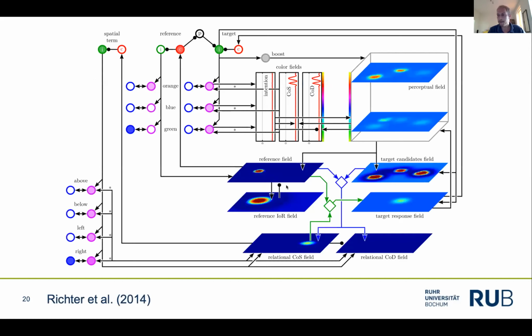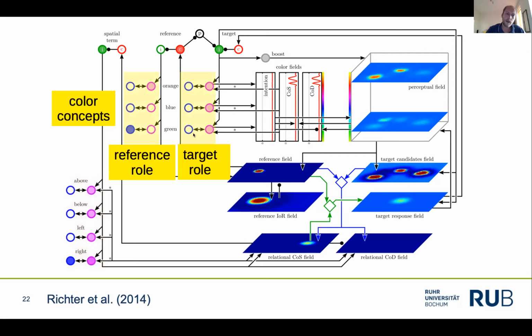And here's a model which solves this task. It's been presented by Richter et al. 2014. So it's essentially an extension of the previous model by Lipinski et al. Again, we have spatial relation concept nodes, which are bidirectionally coupled to a relational field with the characteristic spatial relation patterns.